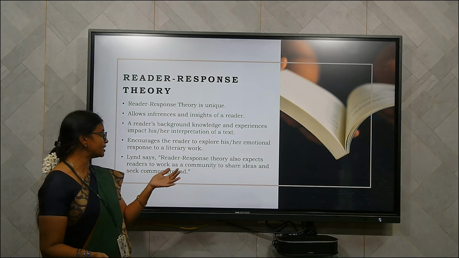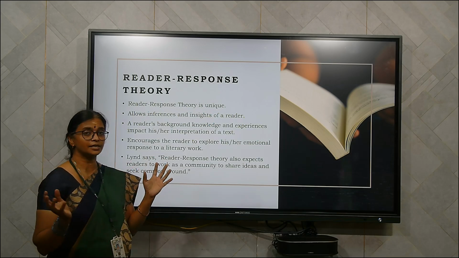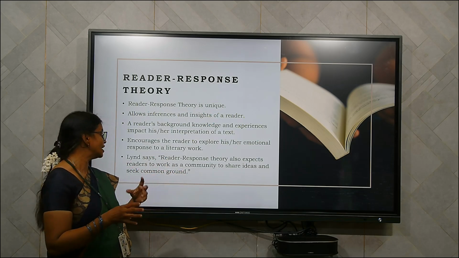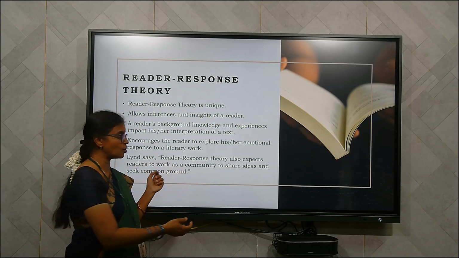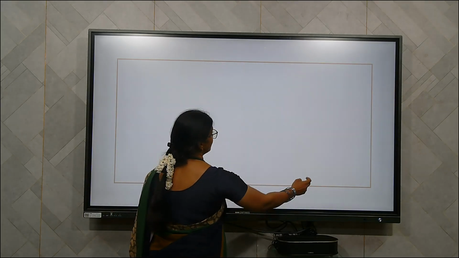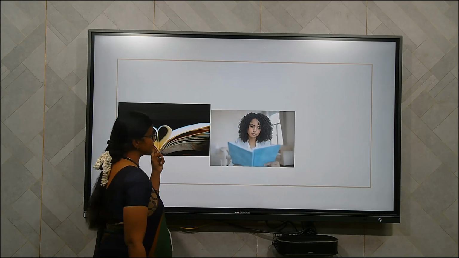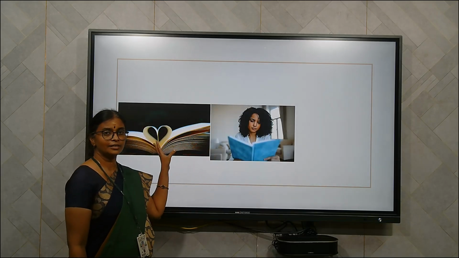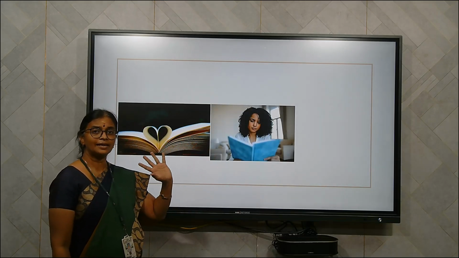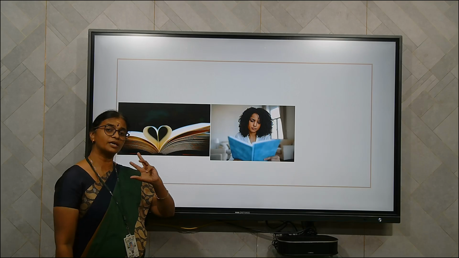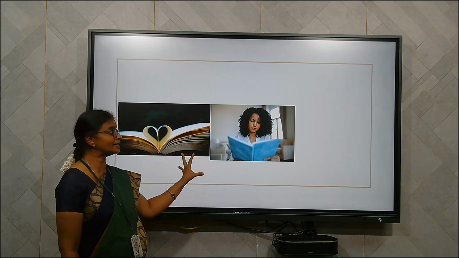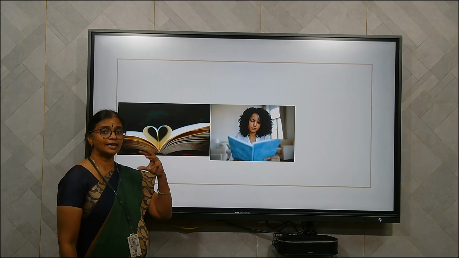So Lin says reader response theory also expects readers to work as a community to share ideas and seek common ground. So we can make a formula out of this: if there is a text, there should be a reader. A text all alone does not become complete. Only when a reader reads it is it getting processed.